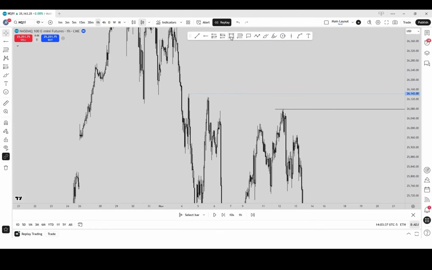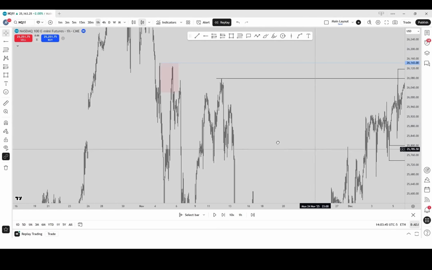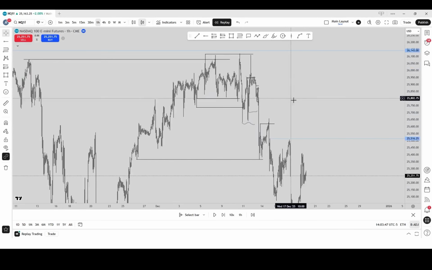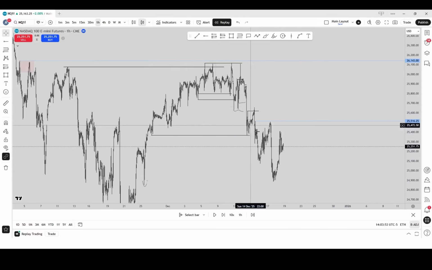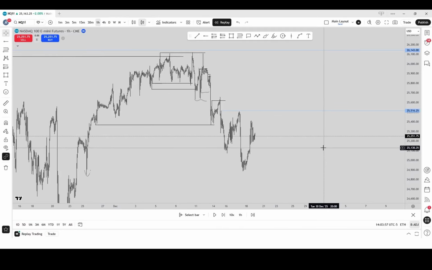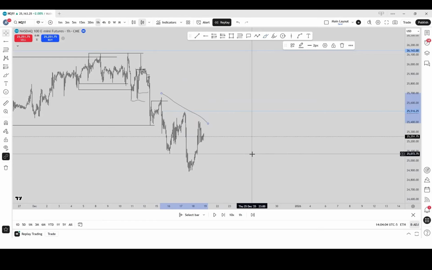What's this right here? Liquidity, right? So we're expecting liquidity, so my bias is still bullish, okay? But I need to see price trap sellers, buyers, which it just did. And then I need to see liquidity being built, which it is doing right here.